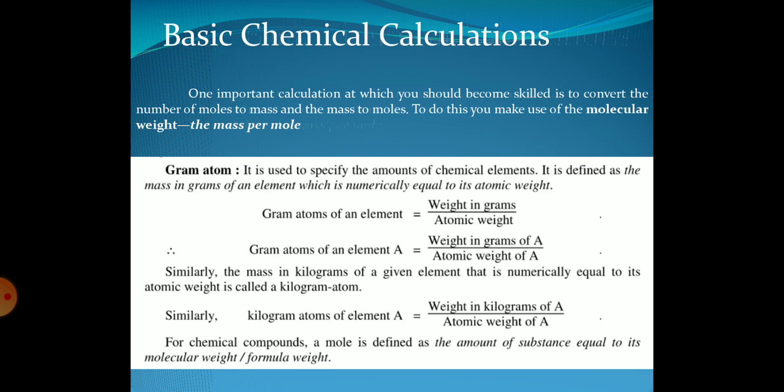So, the gram atoms of an element A will be equal to weight in grams of A divided by atomic weight of A. So, if we consider 23 grams of Na, then to find the gram atoms of Na, it will be weight in grams of Na, that is 23 grams, divided by atomic weight of Na, that is 23.